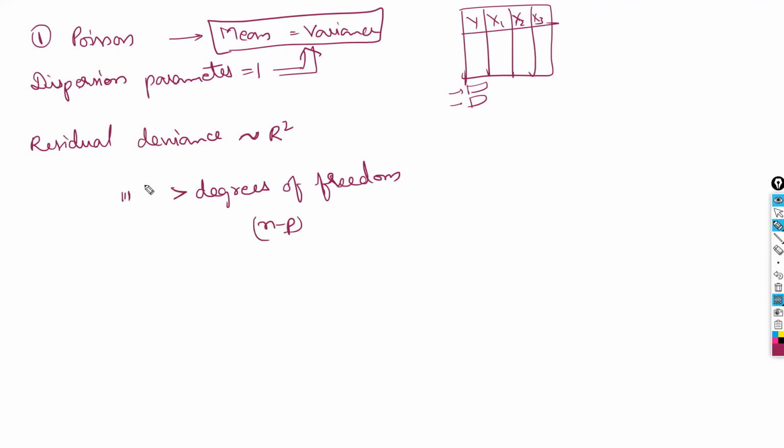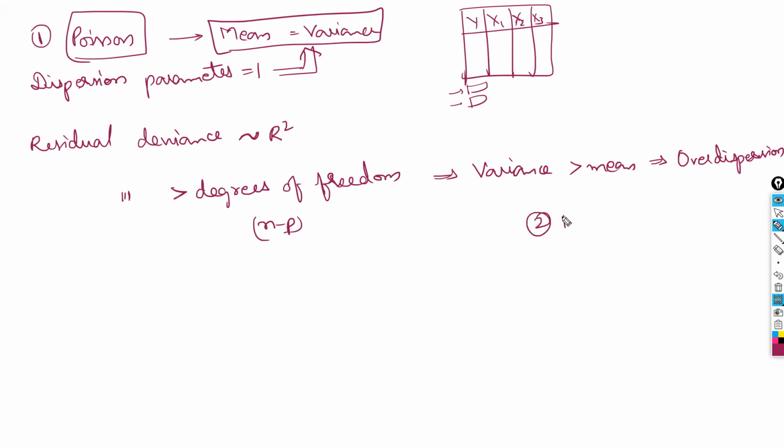If the residual deviance value is greater than this, it implies that variance is going to be greater than mean, and this implies over dispersion. And when you have over dispersion, the Poisson algorithm doesn't work well. Which algorithm works well? Negative binomial. The negative binomial algorithm works well.